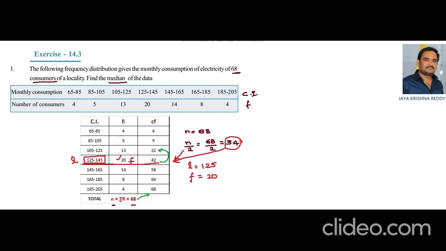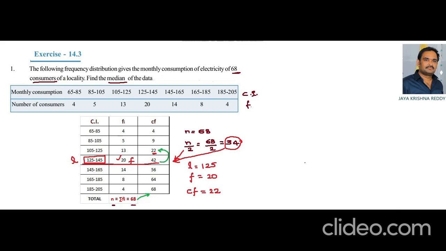The CF value preceding the median class is 22. The f and L values should be taken from the median class, but the CF value should be taken from the class preceding the median class.